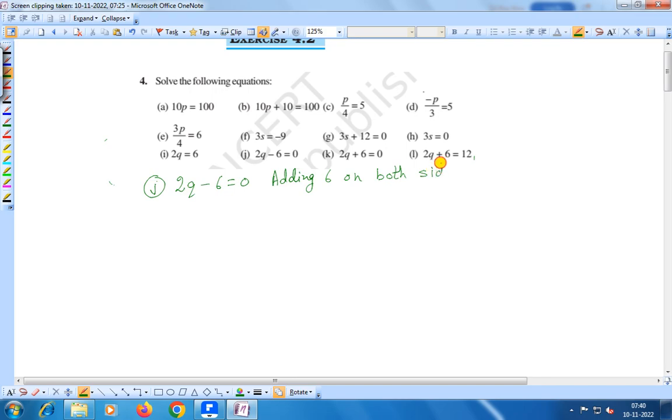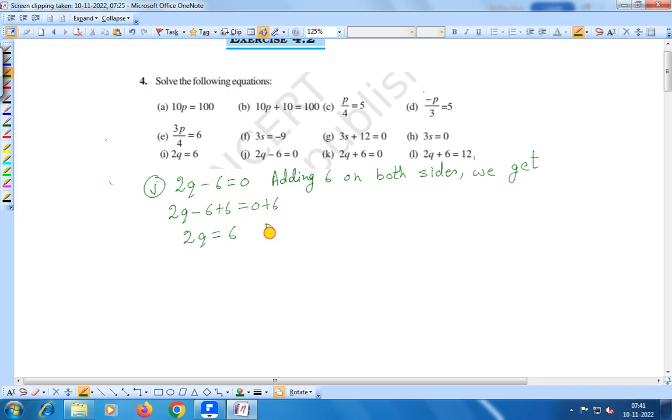Adding 6 on both sides, we get 2q minus 6 plus 6 is equal to 0 plus 6. Therefore, 2q is equal to 0 plus 6 is 6.